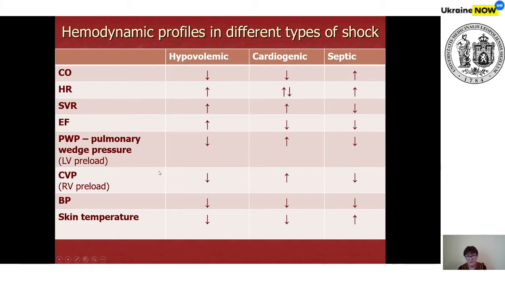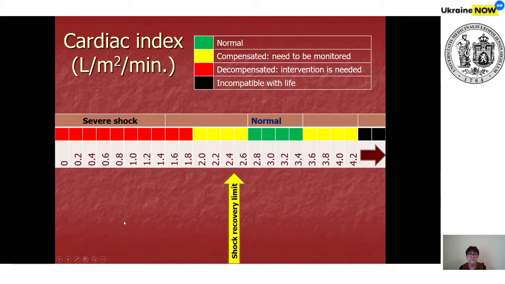Pulmonary wedge pressure. It's increased in cardiogenic shock, but decreased in hypovolemic and in septic shock. Central venous pressure has the same profile as wedge pressure. Blood pressure is decreased in all types, and skin temperature only in septic shock. Cardiac index. You can see here normal ranges in green.